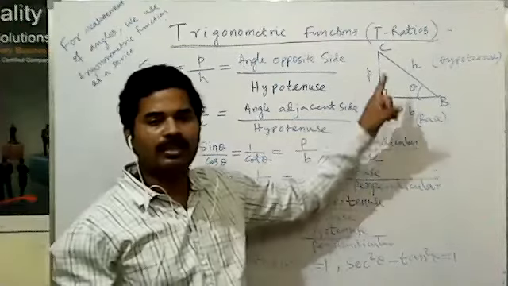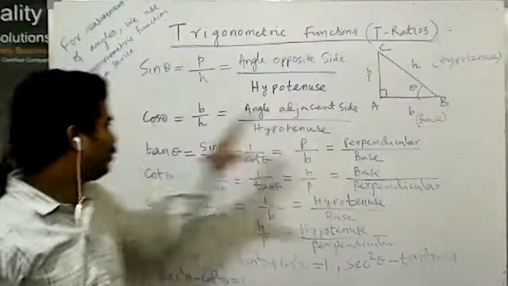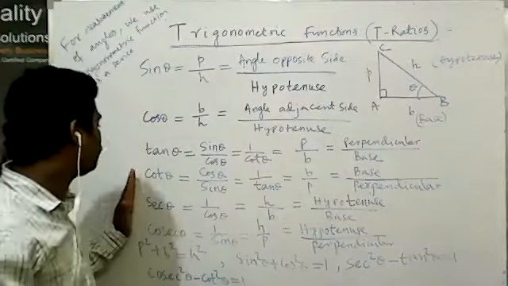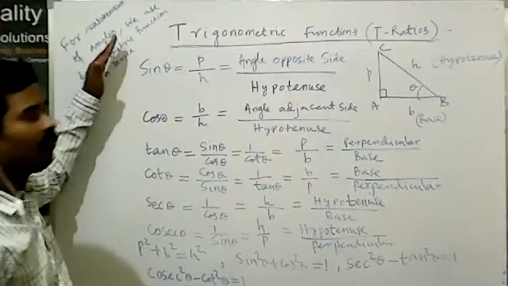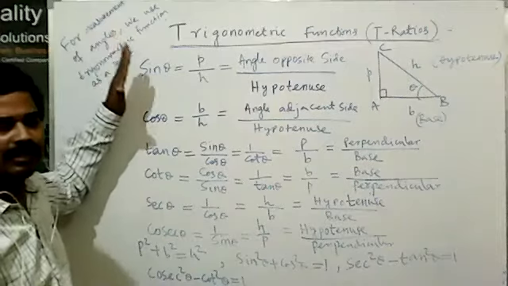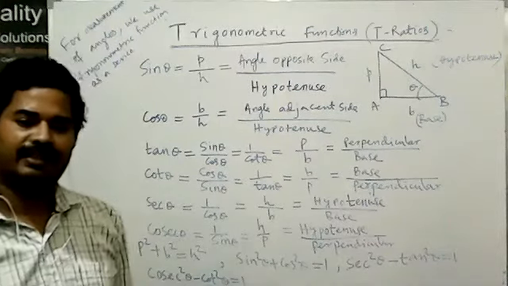Means for each angle there are 6 functions. That's why these 6 functions are used as a device for measurement of a higher angle.